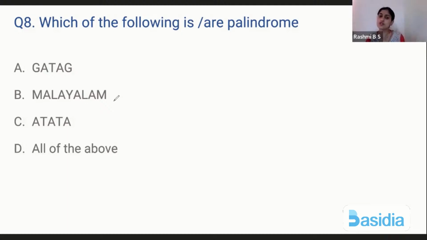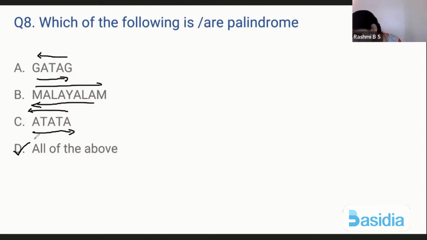The question was which of the following is a palindrome. Look at this one, to and fro, same word. Malayalam, same. ATATA, same. So all the above are palindromes.